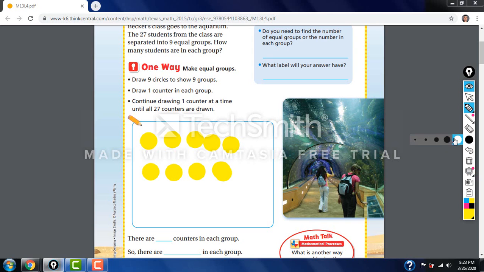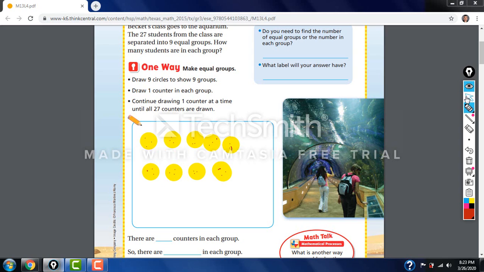We have 9 circles, and they want us to put how many in each, so we're going to start putting in counters until we get 27. 1, 2, 3, 4, 5, 6, 7, 8, 9, 10, 11, 12, 13, 14, 15, 16, 17, 18, 19, 20, 21, 22, 23, 24, 25, 26, 27.